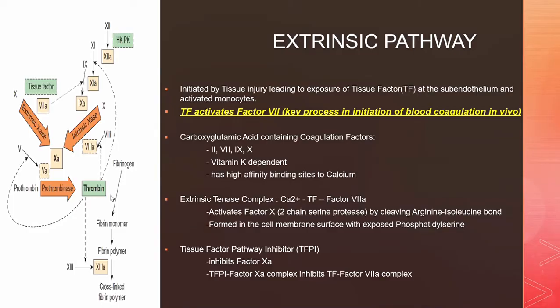To inhibit factor 10A, actually not directly, it will bind to your factor 10A first, then it would bind to your extrinsic kinase complex. Once inhibited, it can no longer activate factor 10. That is the function of your tissue factor pathway inhibitor.